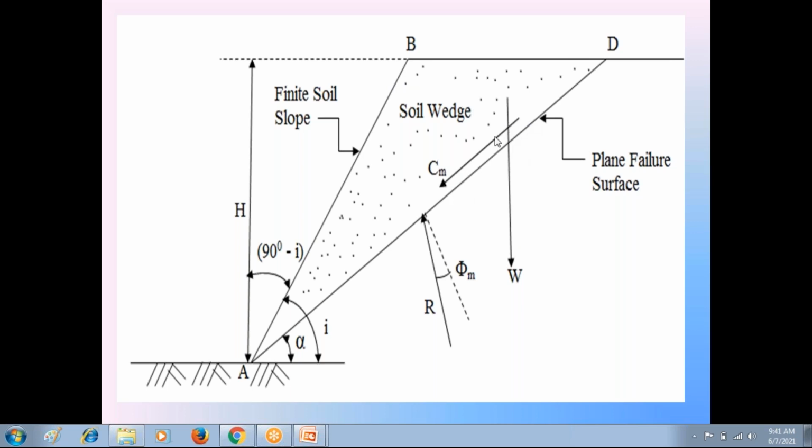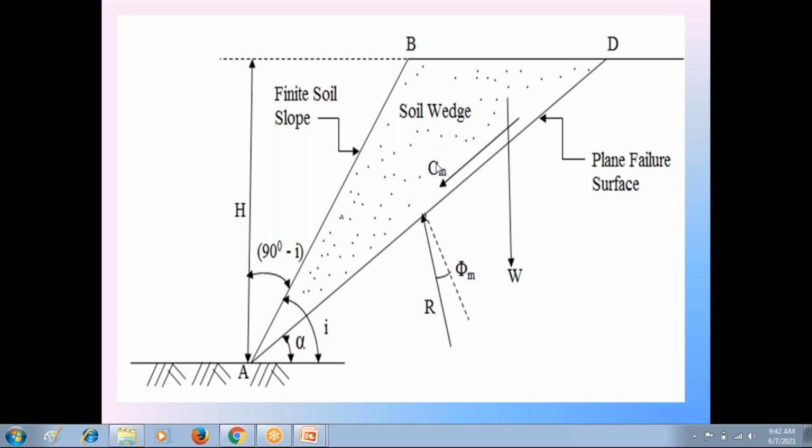Cm is called the mobilized cohesion force. It is acting in downward direction. It is applied by the soil wedge on the failure surface AD. Direction is downwards, tangential to surface AD, unknown magnitude. That is important here. Cm is unknown magnitude.